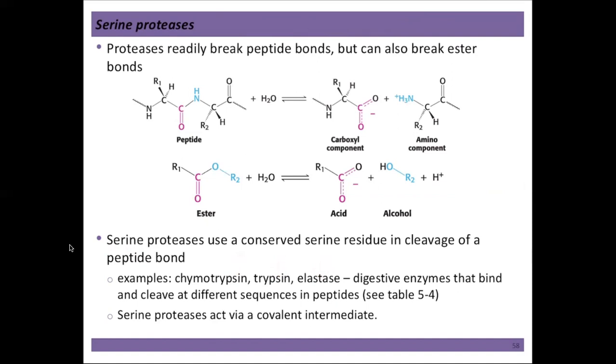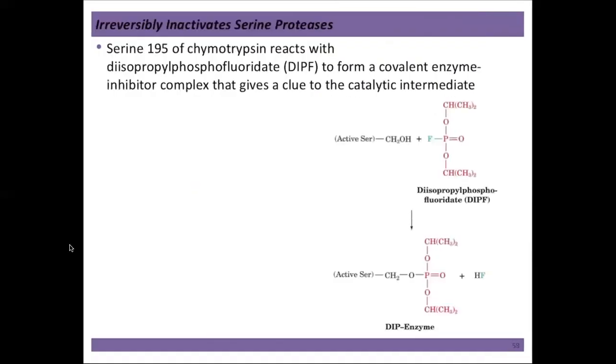Interesting. So, serine proteases act by covalent intermediates. We know that because we can take molecules, like what we did before with lysozyme, and add them in with these serine proteases, and they bind irreversibly. We've got this molecule here, diisopropyl phosphofluoridate, known as DIPF.